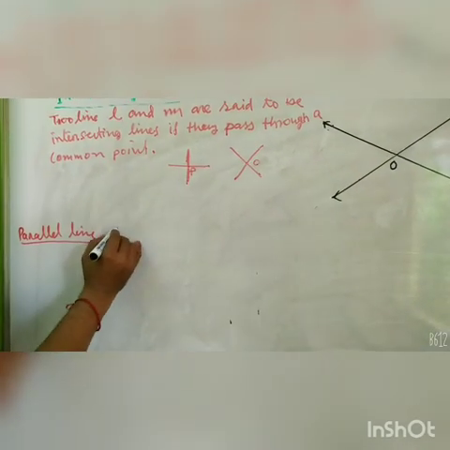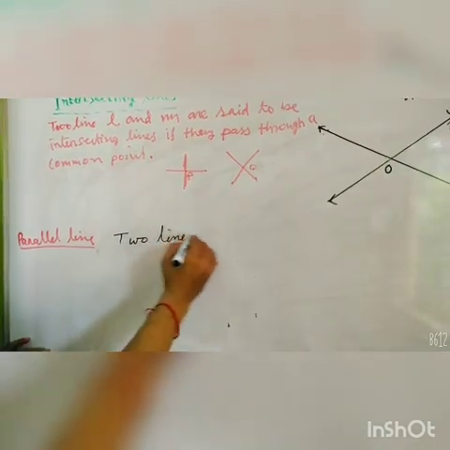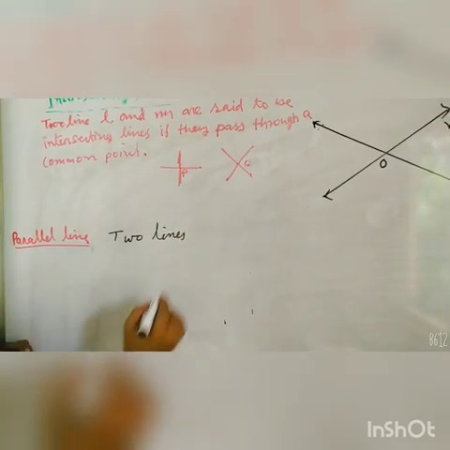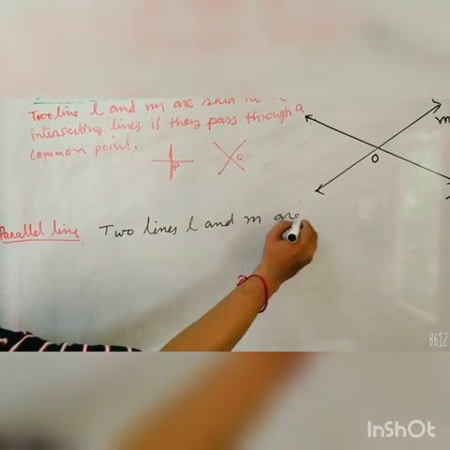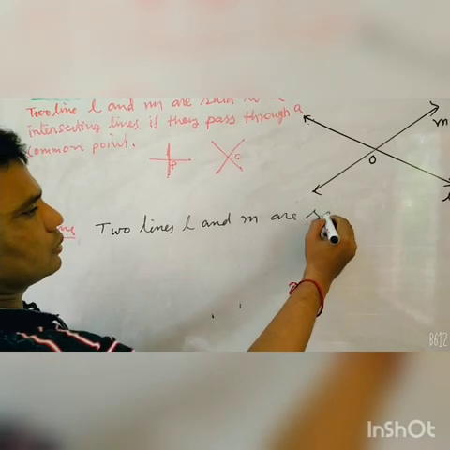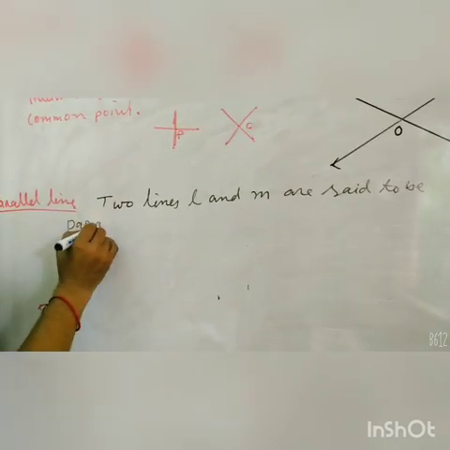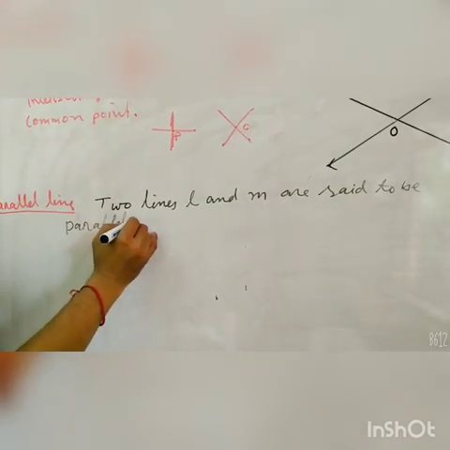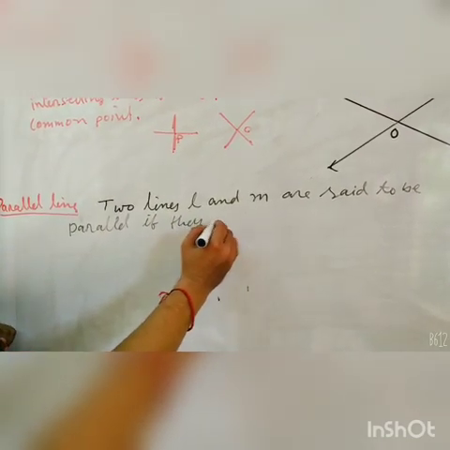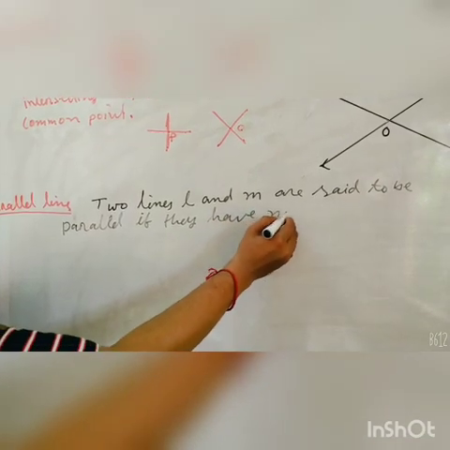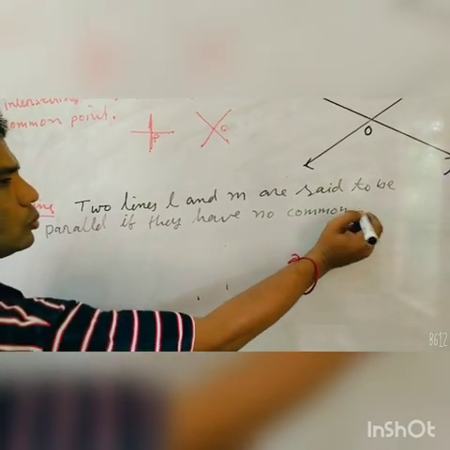Now what are parallel lines? Similarly, two lines L and M are said to be parallel if they have no common point.